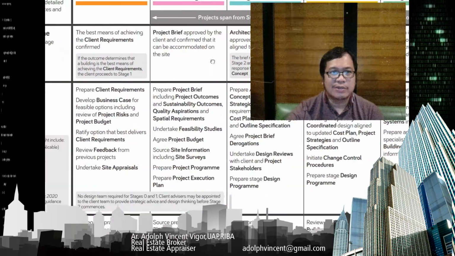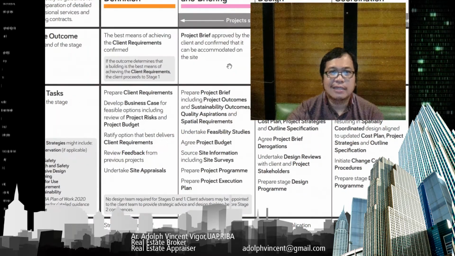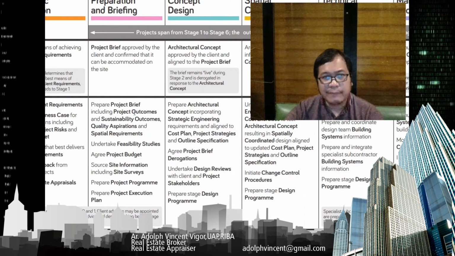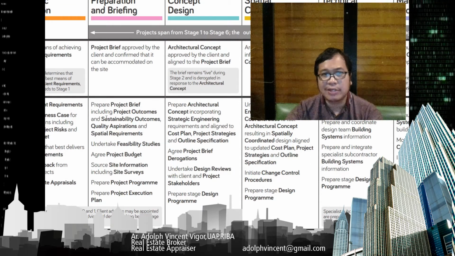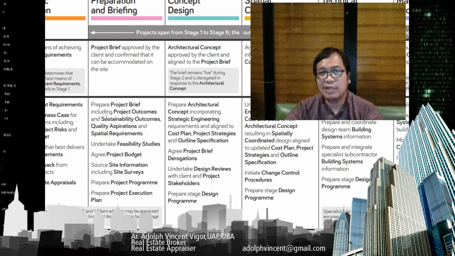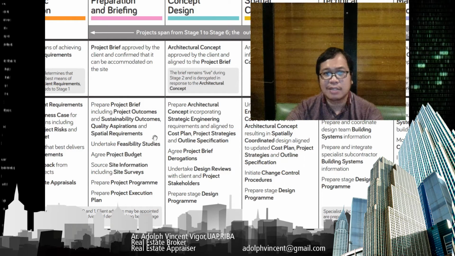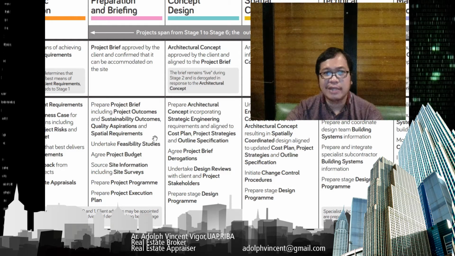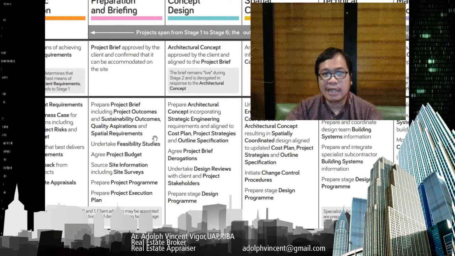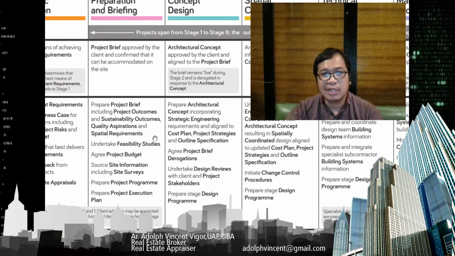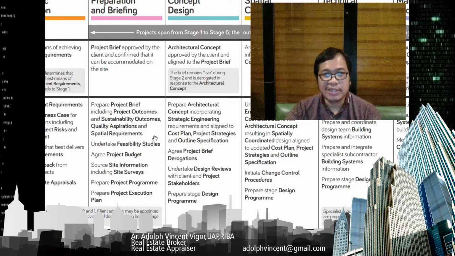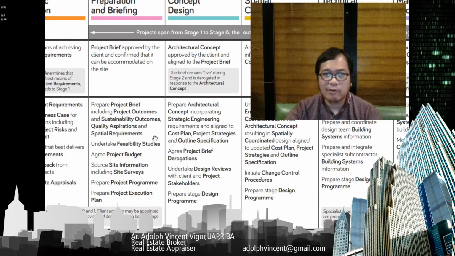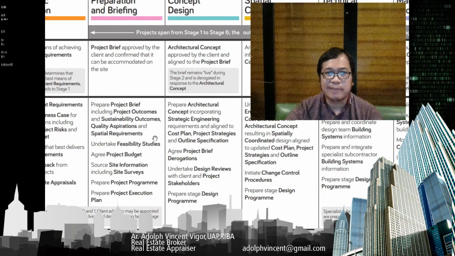The core tasks for this are, first, prepare the project brief, including the project outcomes. Of course, you need to have the sustainability outcomes, quality aspirations, and spatial requirements. Undertake feasibility studies. Agree the project budget. Source site information including site surveys, prepare the project program, and prepare the project execution plan.